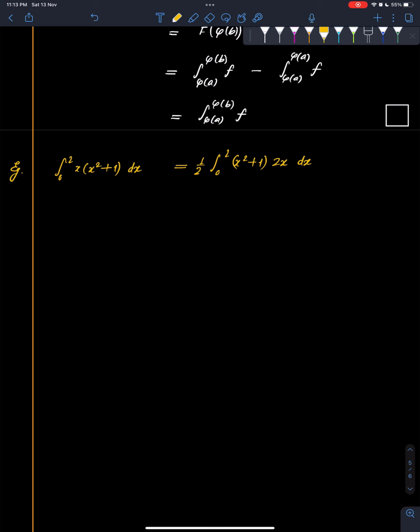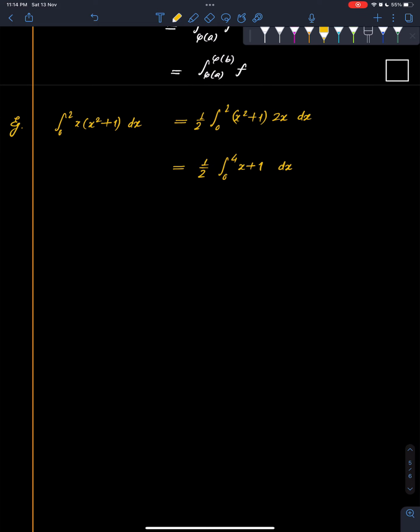Okay, so I claim that this is equal to half of the integral from 0 to 4 of x plus 1 dx. So why is that? I want to explain what happened here.